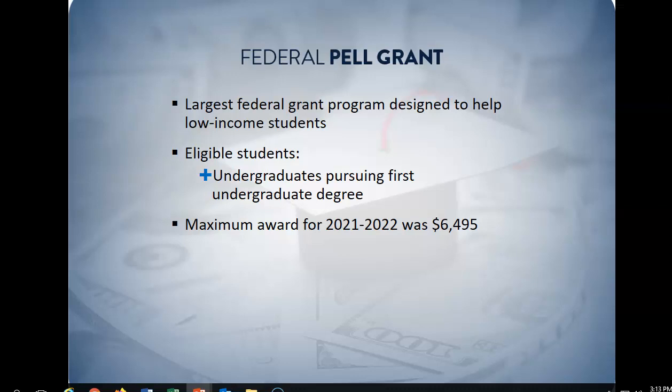And the maximum award for this year was $6,495. It's a sliding scale down depending on income. I'm sure it will go up for next year, for 2022-23. We just don't know what that figure is at this time. Completing the FAFSA is sufficient for application for this grant.